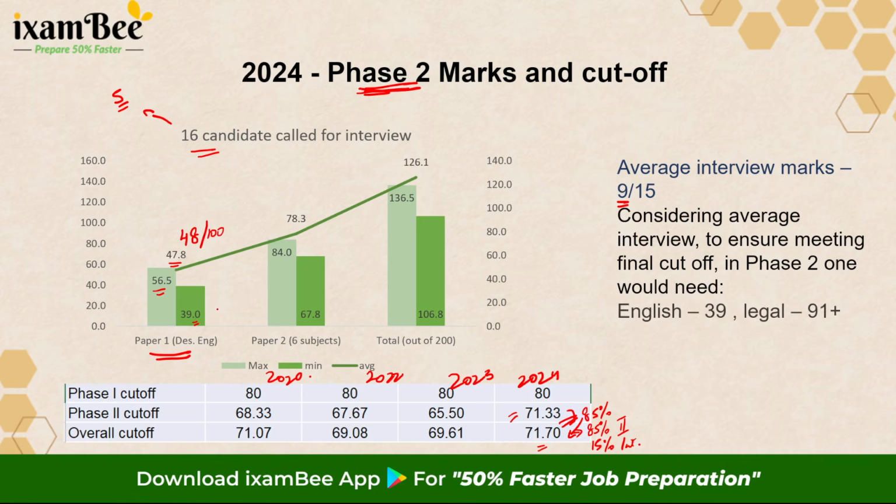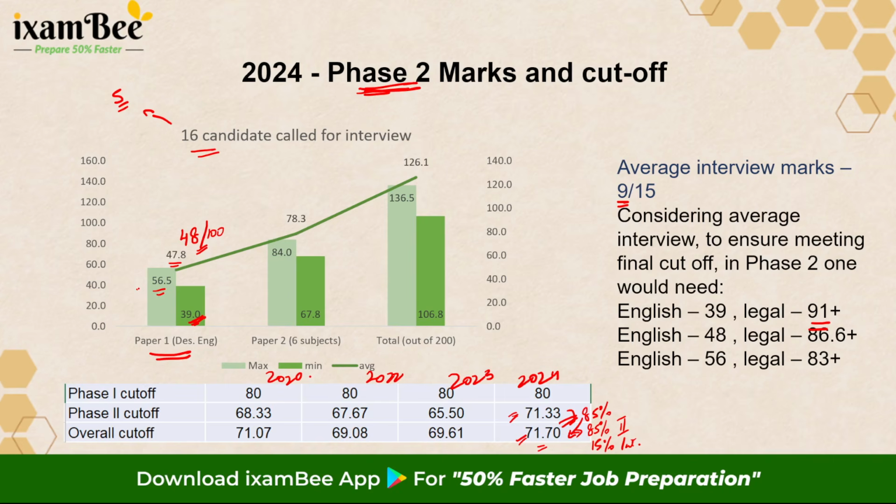A student who scored the minimum 39 would have needed 91 plus marks to have reached this cutoff, while the student who got the average 48 marks would have got 86.6 plus marks in their legal paper, and a student who got on the higher end, approximately 56, would have needed 83 plus to have cleared both the cutoffs, assuming he or she had got 9 marks in the interview out of 15.